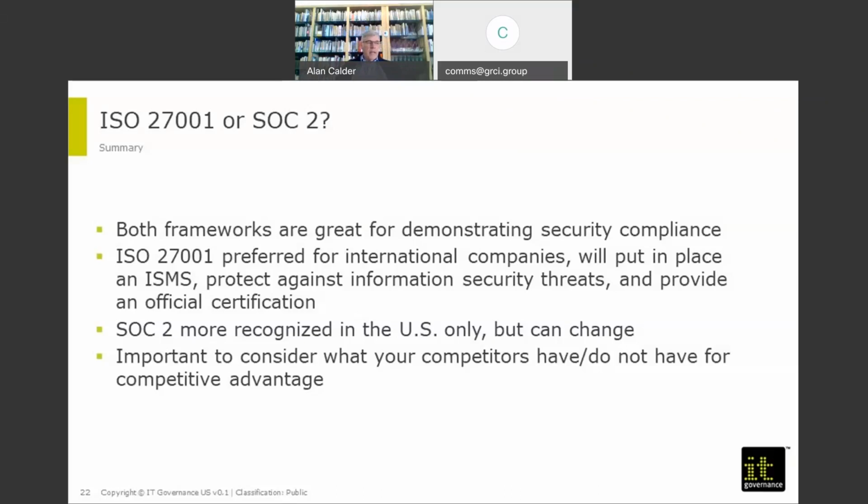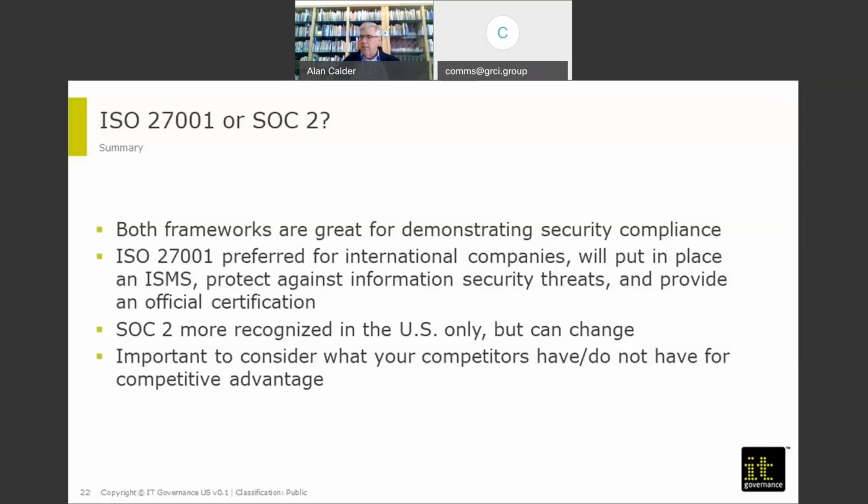A US client will increasingly understand ISO 27001 from a Japanese supplier. So ISO 27001 tends to be preferred for organizations that want to demonstrate that they're meeting more than one set of compliance requirements, and that they are able to demonstrate through their management system that they are meeting regulatory or legal compliance requirements as well as specific contractual requirements.